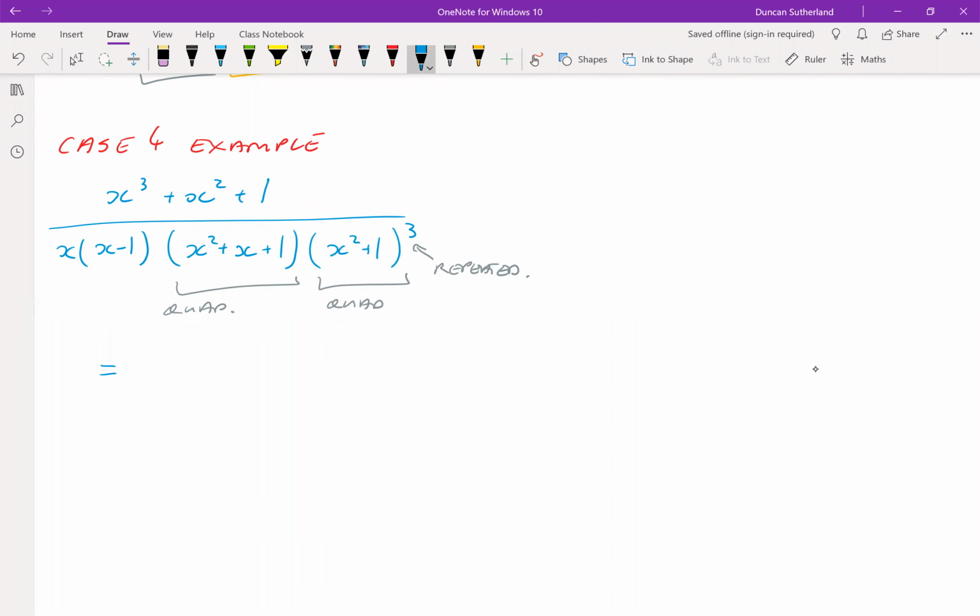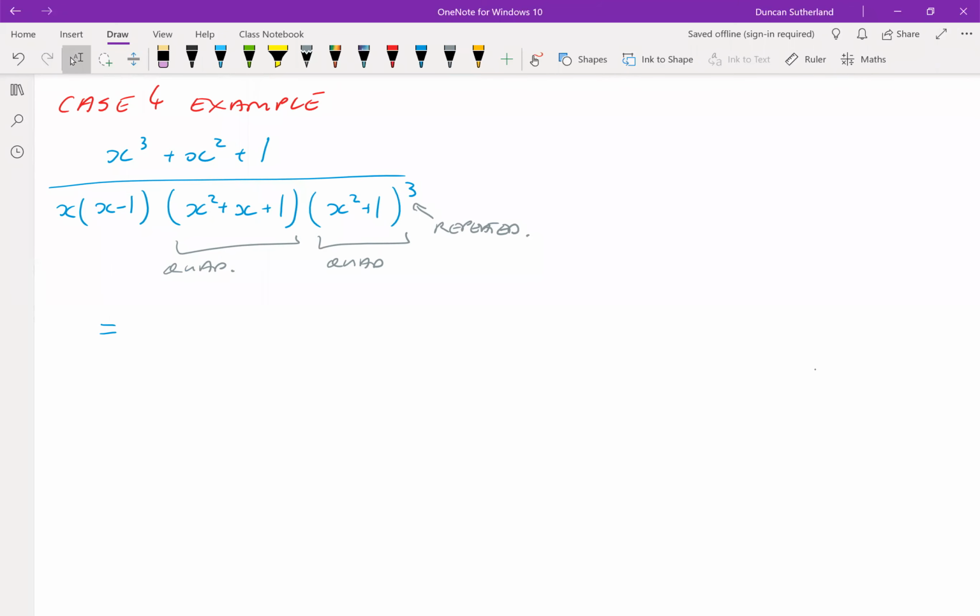If you saw the video on repeated linear factors, you'll notice the analogy. So we firstly deal with our linear factors because they're nice. Now we deal with our first irreducible quadratic factor by putting a linear factor in the numerator.